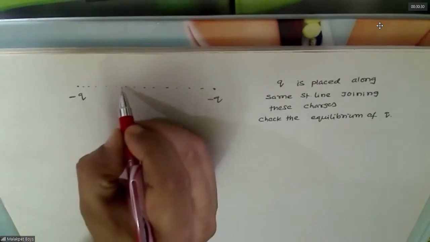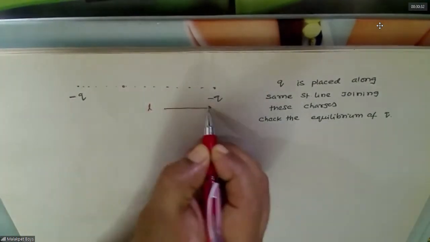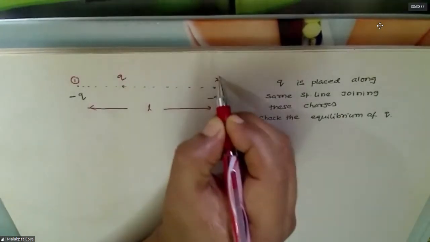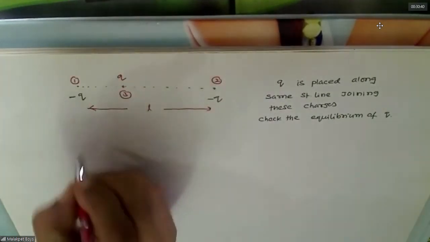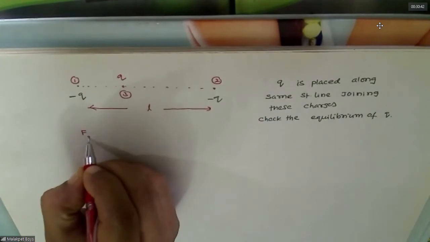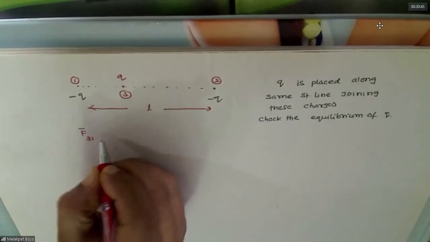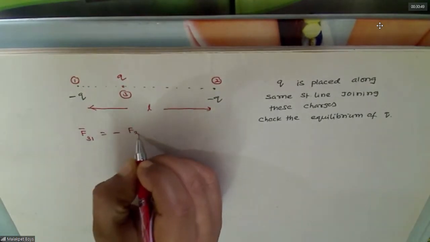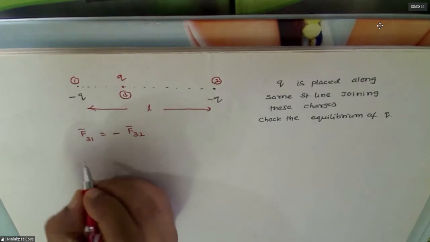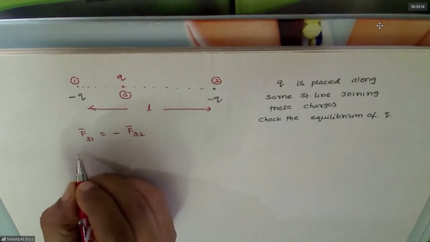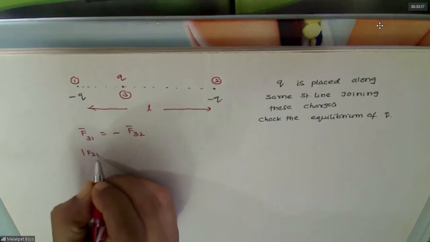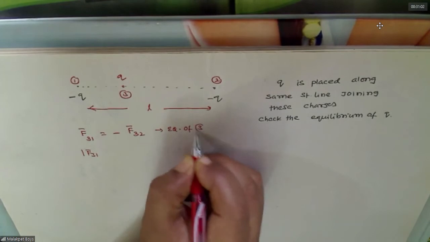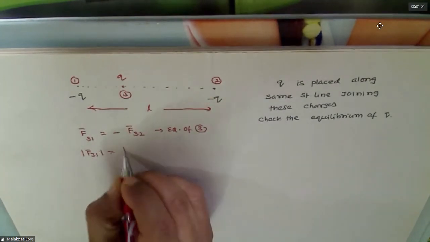As you know, suppose this is L, for example, and this is Q. Now for equilibrium of Q, force on 3 due to 1 will be this way. That means they should be equal and opposite. Do you agree with this?